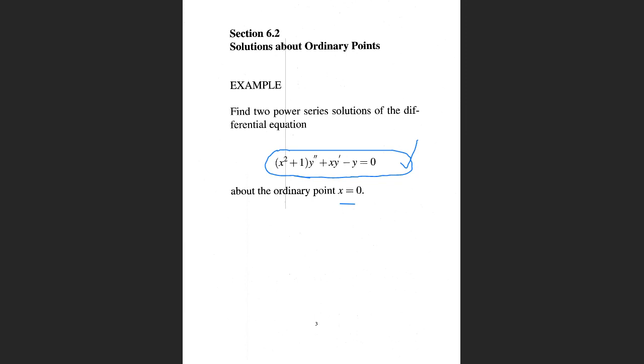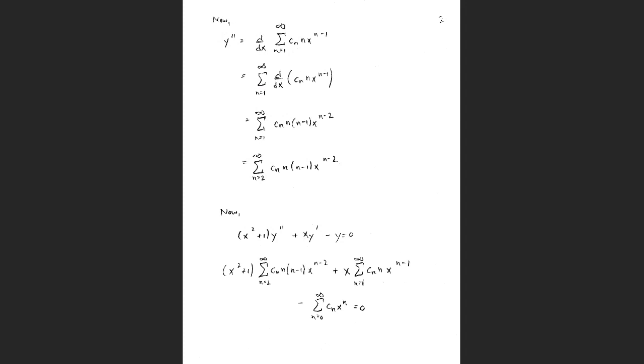Of course, we let y equal the power series from n equals 0 to infinity of Cn times x to the nth power. And then we took the derivative. We took the derivative of that power series and wrote it in a nice form. And then we took the derivative of the derivative, the derivative of the power series for the derivative right here.